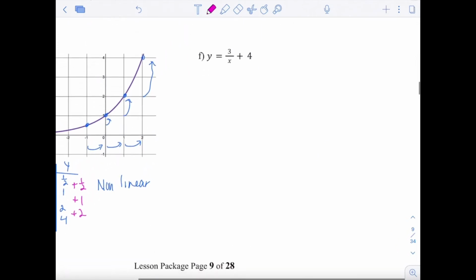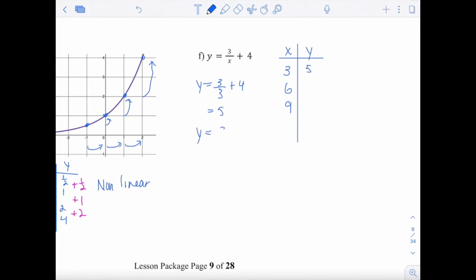How about this one? This one looks a bit weird. Let's use a table. I think we should do multiples of 3. So let's go with 3, 6, 9. So when X is 3, I get 3 over 3 plus 4, which is 5.